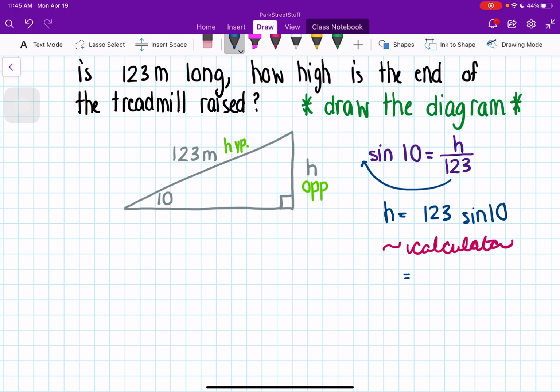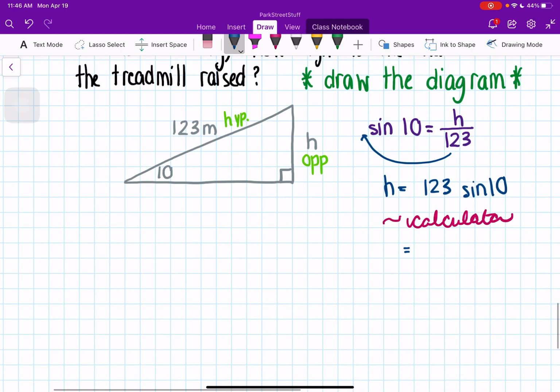And that's going to give us, and let's also go 2 decimal places here, 21.36 meters. And remember, because we were given units in the question, we're going to give units in our answer. And also because this was a word problem, we are going to answer in words.